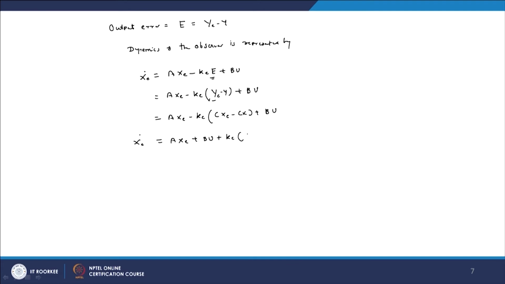Now let us say this is equation number 1.